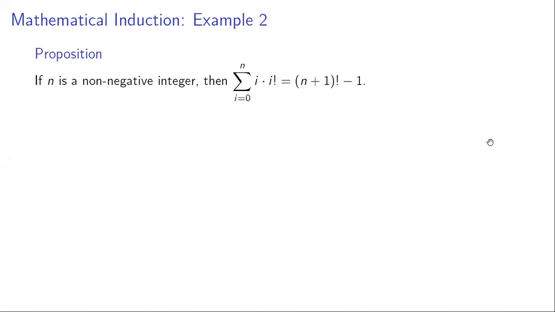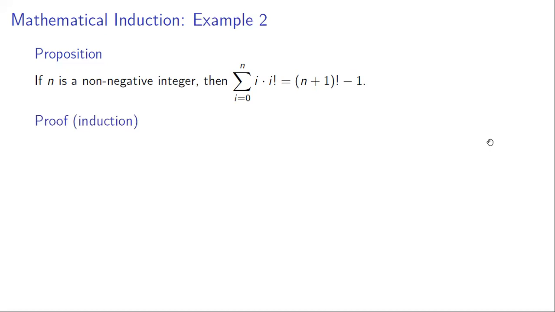Now, how did someone come up with this proposition? That's not our business. We're not worried about that. We're not in the game of coming up with propositions. We're just in the business of proving propositions. So we have to prove this. We're given this proposition, it's a claim, we want to prove it.